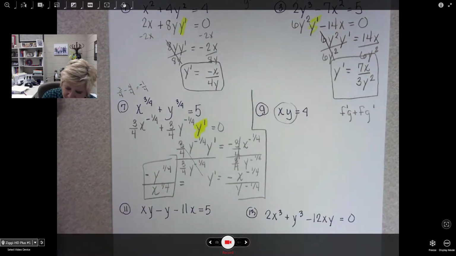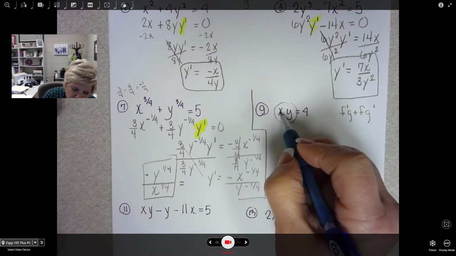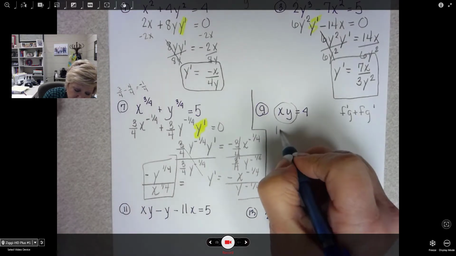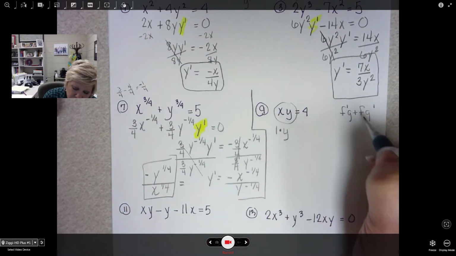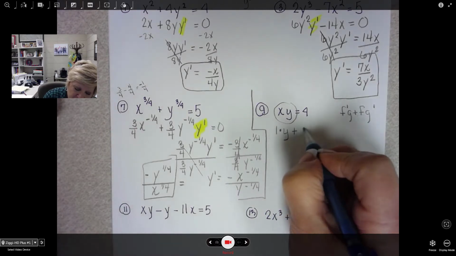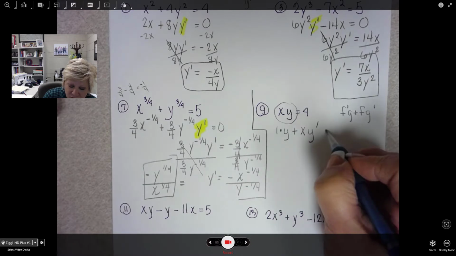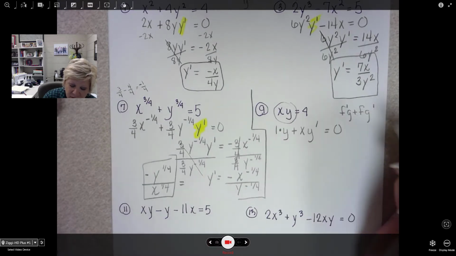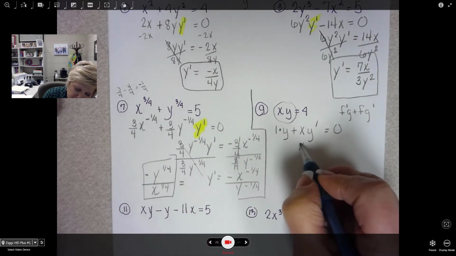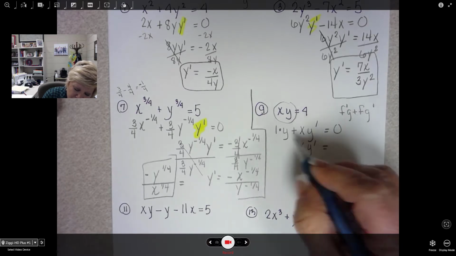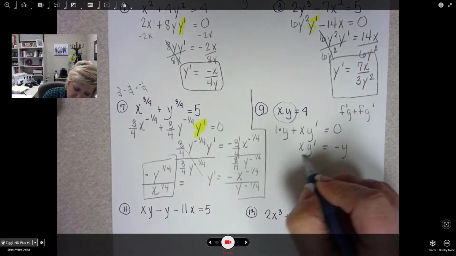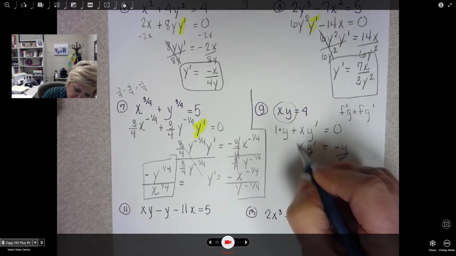So f prime would be 1 times y plus f and then y prime. Derivative of 4 is 0. Let's take away that y and then divide both sides by x. So that one's very, very basic.